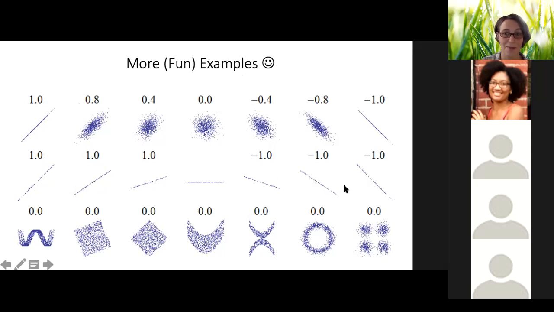It just has to do with the direction of the relationship. It is whether it's a straight line or not that indicates how strong the relationship is, not the slope. For these funny data patterns, the Pearson correlation coefficient would give you a value of 0 because there is no linear relationship between the two variables.